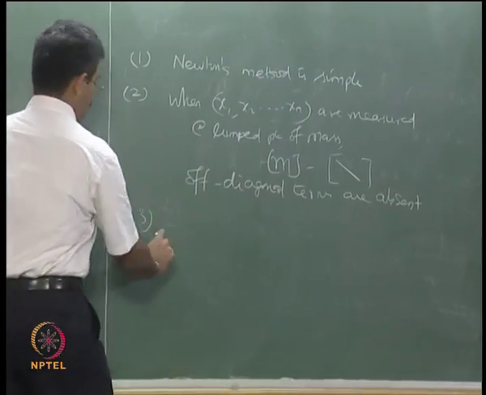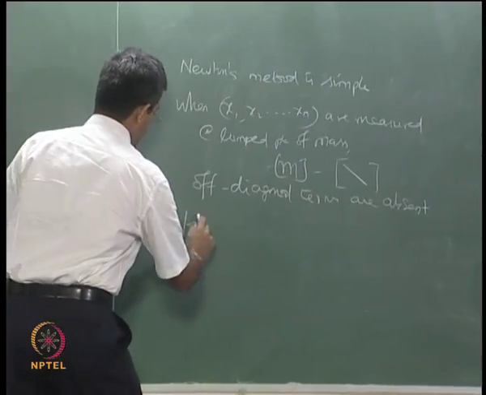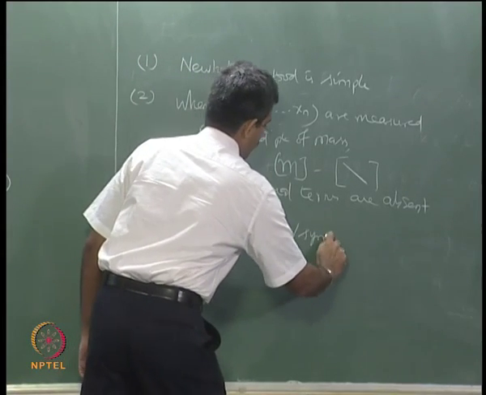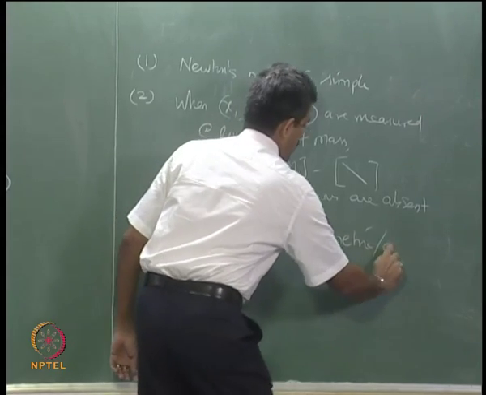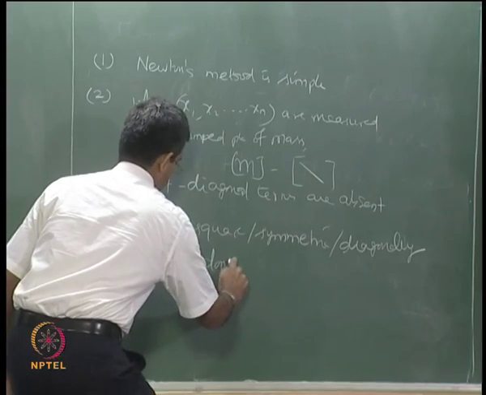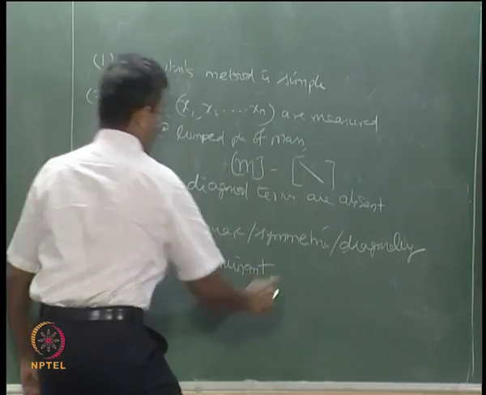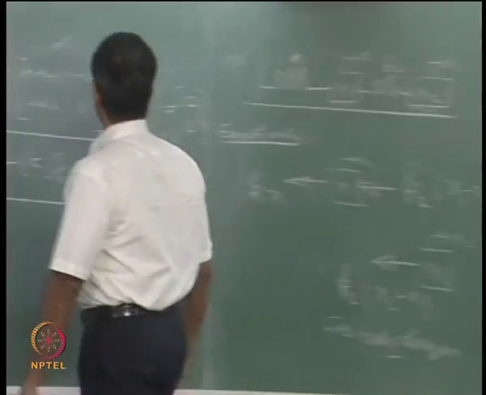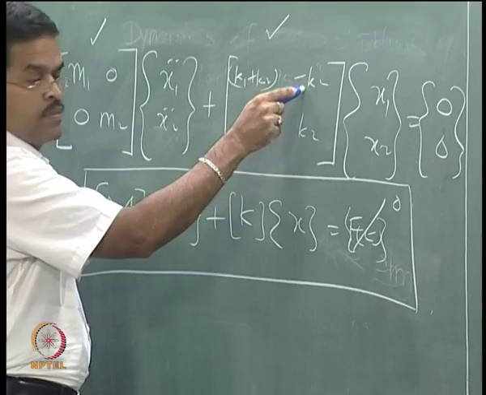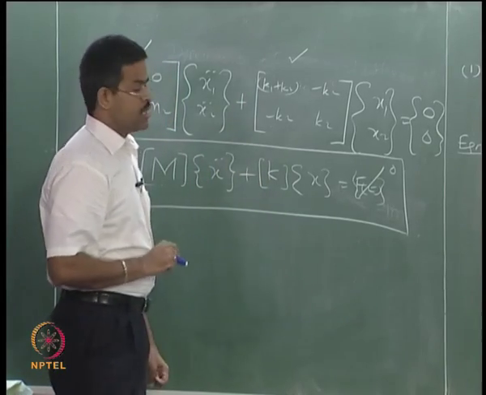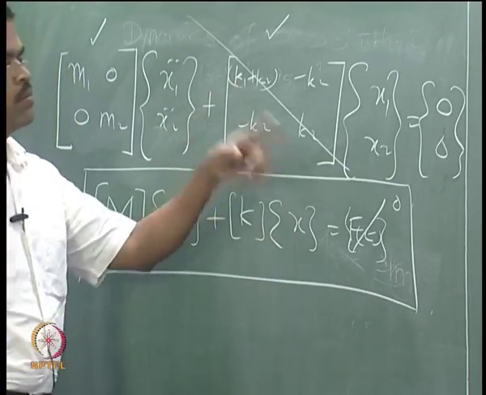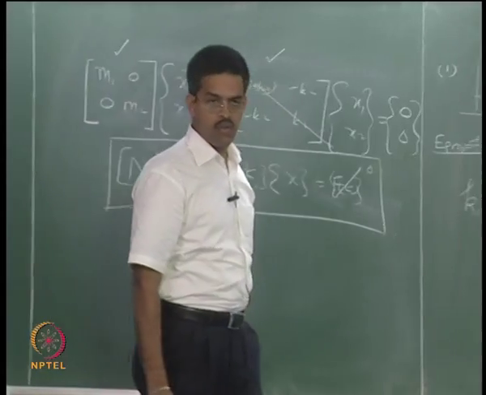Third, usually the stiffness matrix is a square, symmetric, diagonally dominant matrix. What does it mean? It is a square matrix, symmetric, and diagonally dominant means any coefficient of this matrix lying along the leading diagonal will be larger than any other element in that row.